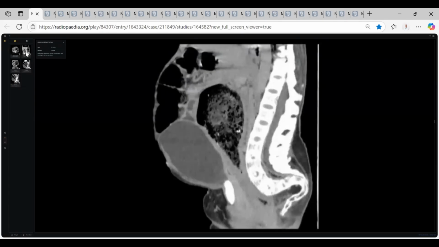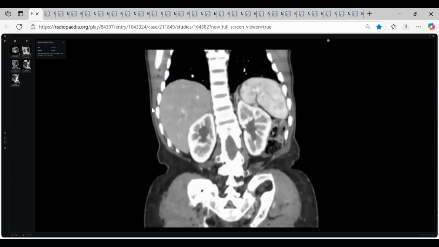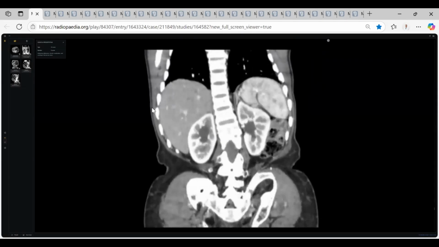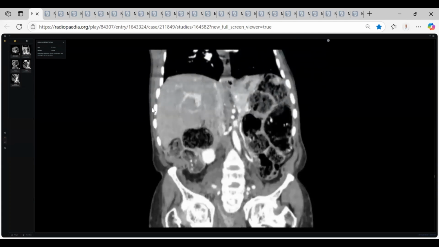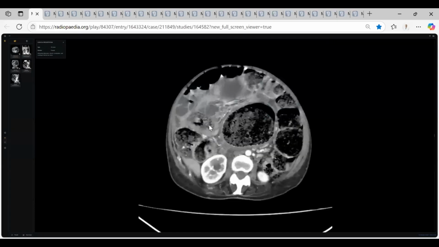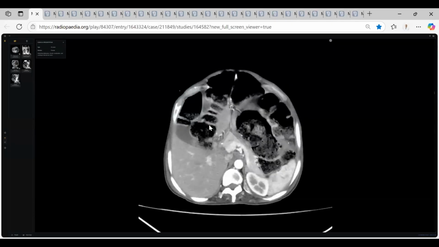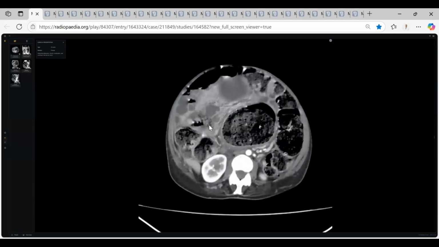We will also confirm in the coronal. I think the sacroiliac joint is completely fused, and all the bones are abnormal, by the way. I think also this patient, due to this bilateral hydronephrosis, may have some sort of renal impairment.